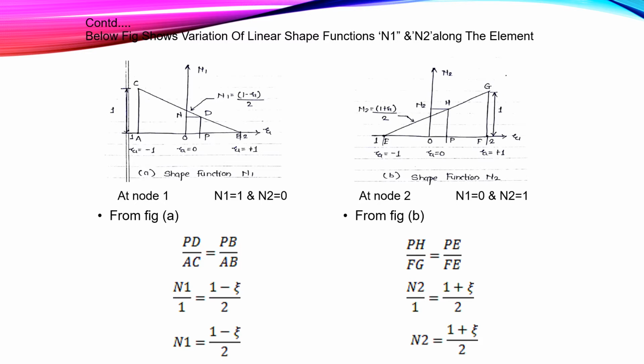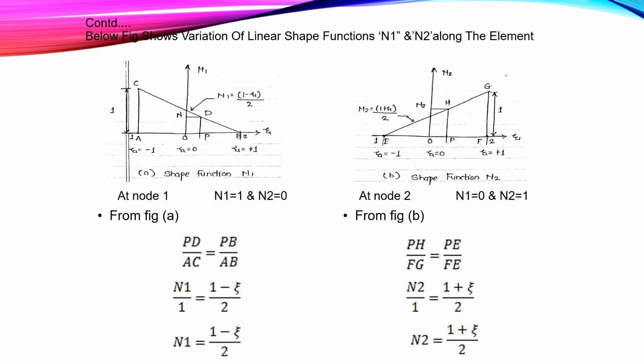We need to find the interpolation function. So N1, and the value of AC is 1 unit, is equal to the distance PB. This total distance is 1, and 1 minus zeta is PB, while AB is total 1 plus 1 is equal to 2. So you will get N1 is equal to (1 minus zeta) upon 2.